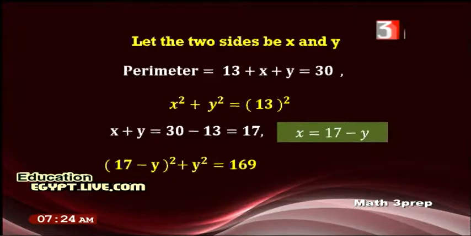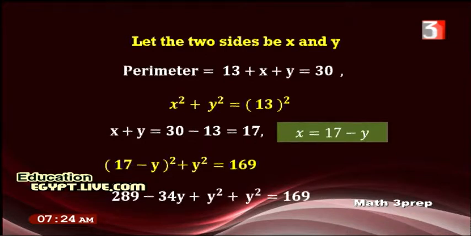By writing the problem in its expanded form, it is 289 minus 34y plus y to the power of 2 plus y to the power of 2 equals 169.